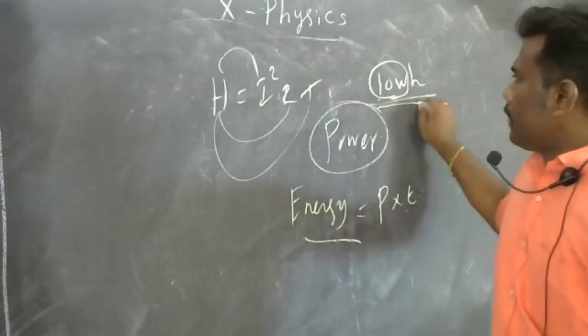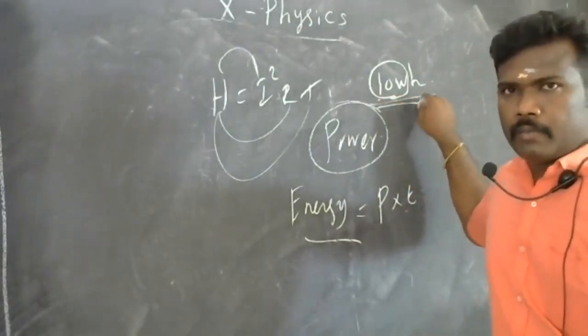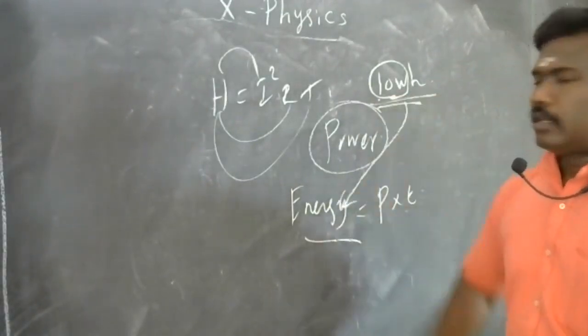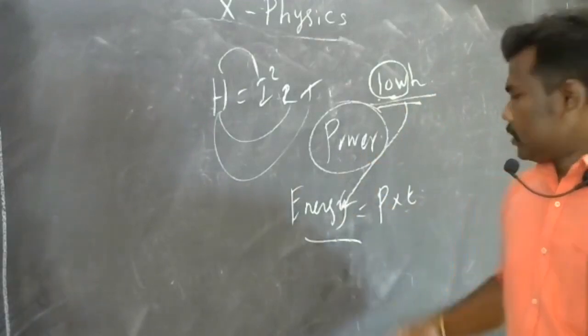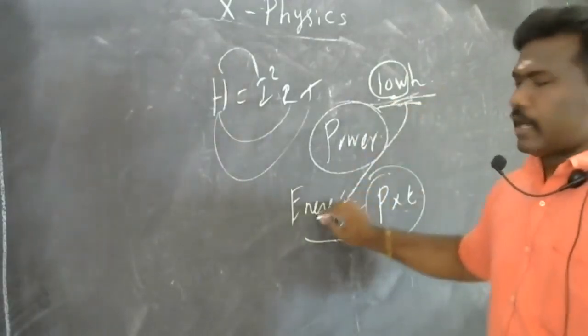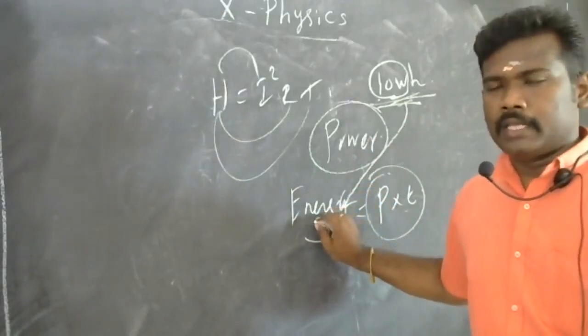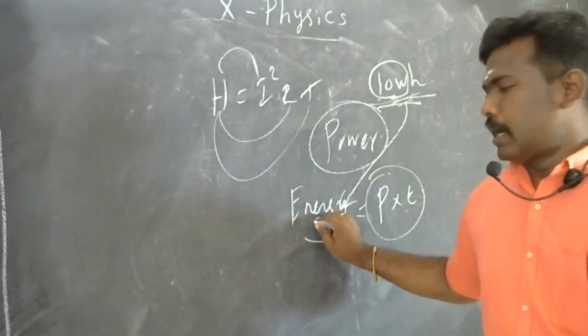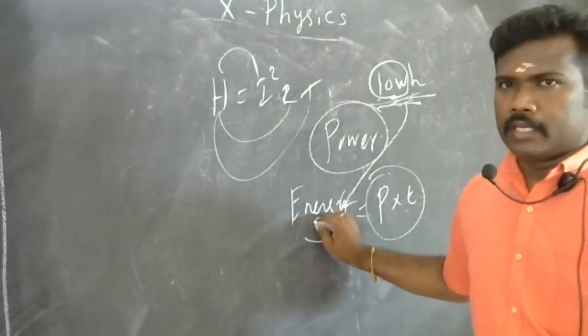So that value is the energy consumed by the fan in 1 hour. The energy consumed by the fan is 10 watt hour. So the P times T value is 10 watt hour. You apply that value in the calculation of the energy consumed by the device, and after that you calculate the amount paid for this energy consumption.